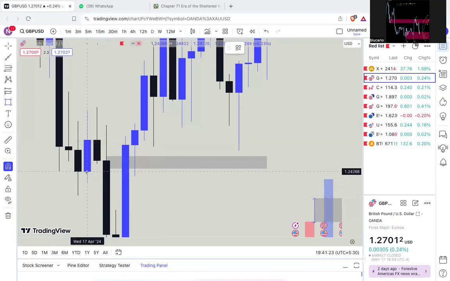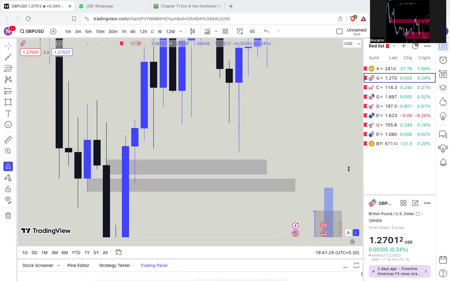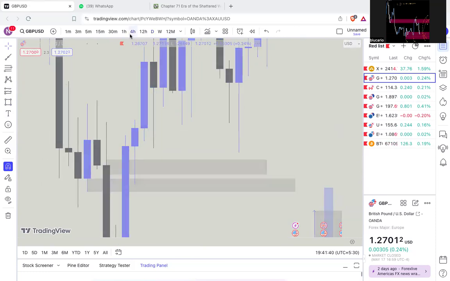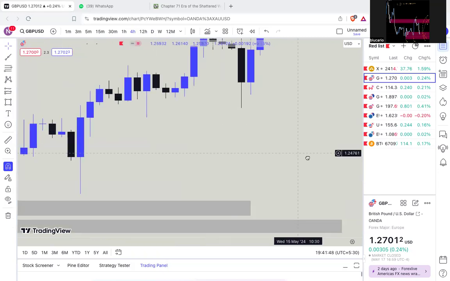On the higher time frame, we had a support here. The price failed from an H4 time frame perspective, but it still respected a daily support. So when it fails on H4, you should know that it has a different setup on a higher time frame, be it daily or weekly.